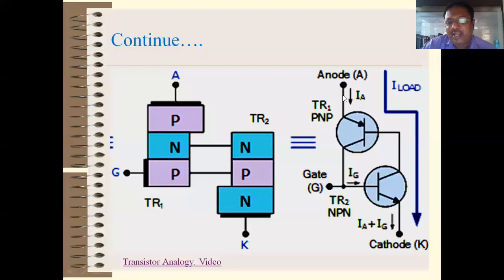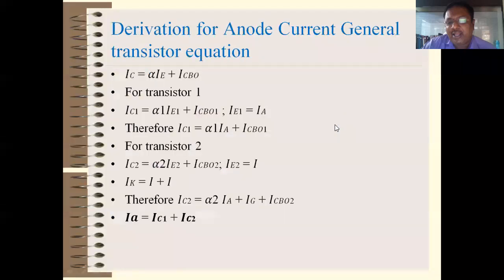IE, the emitter of transistor T1, is nothing but the emitter current, the anode current IA. So IC1 equal to alpha 1 IA, that is IE replaced with IA, plus ICBO1.